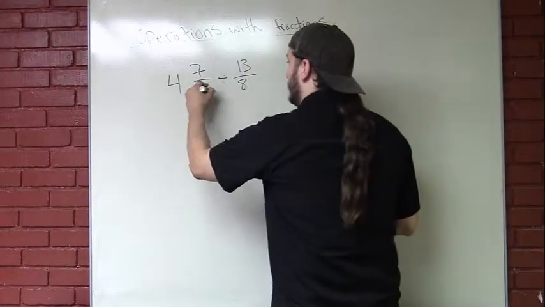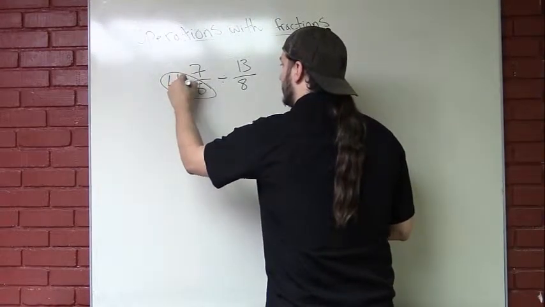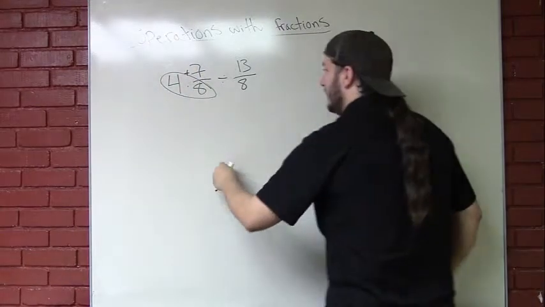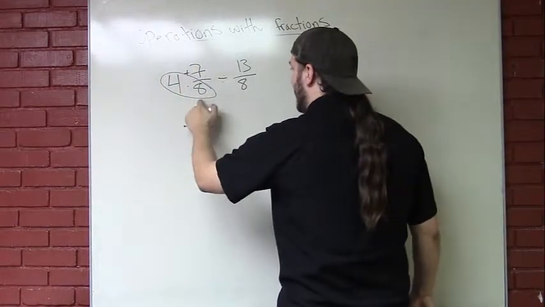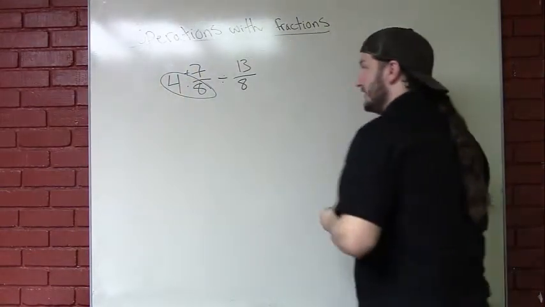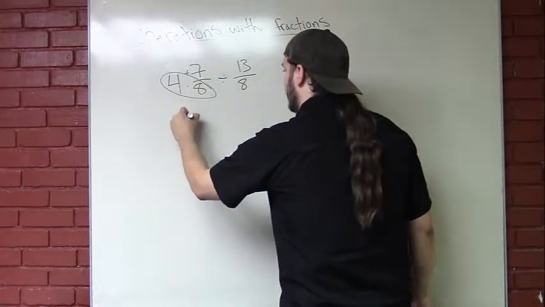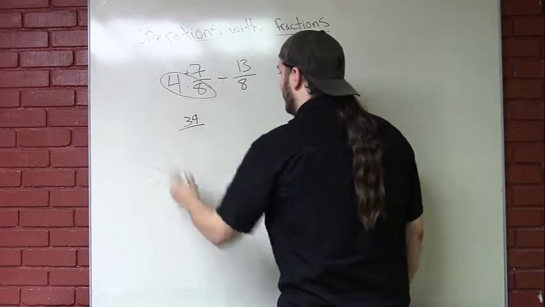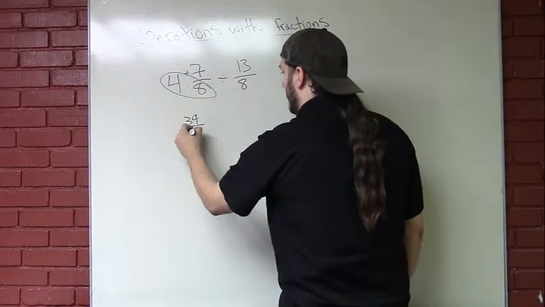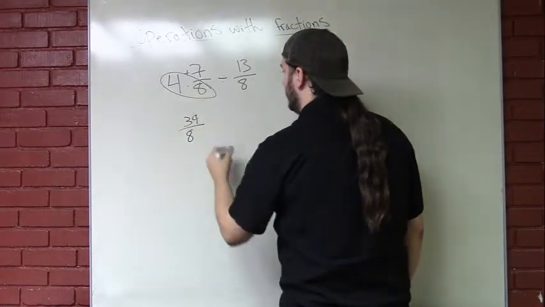So multiply those, add the top. 4 times 8 is 32, plus the 7 on top is going to be 39, and it's always divided by the same number that's on the bottom here.